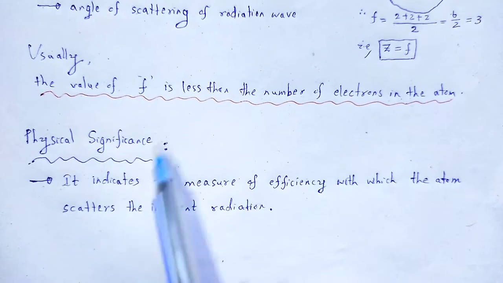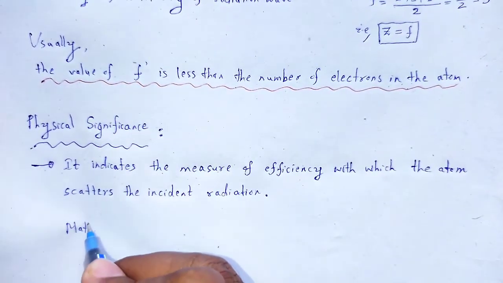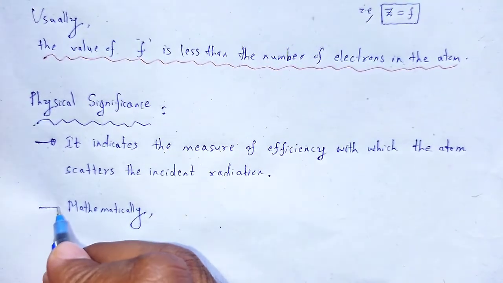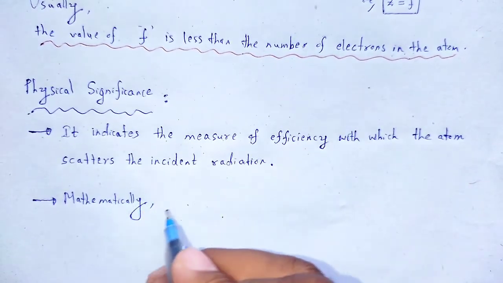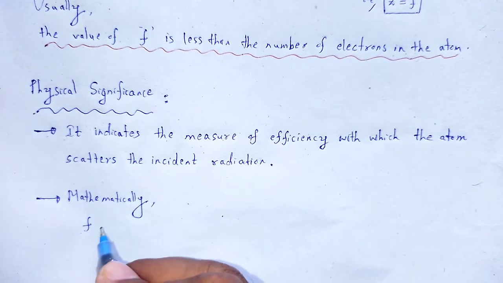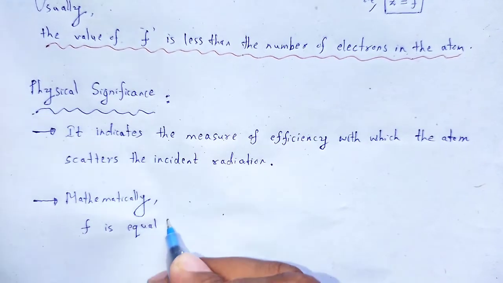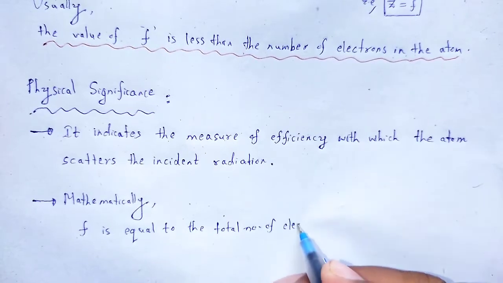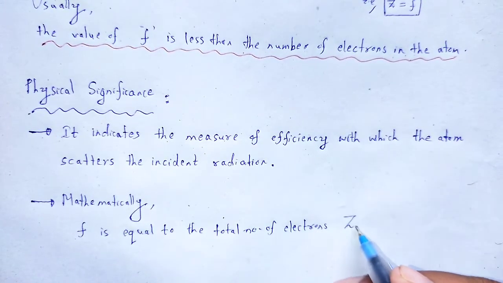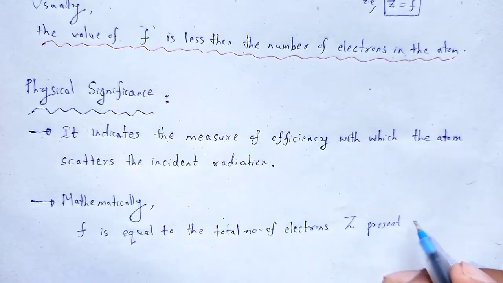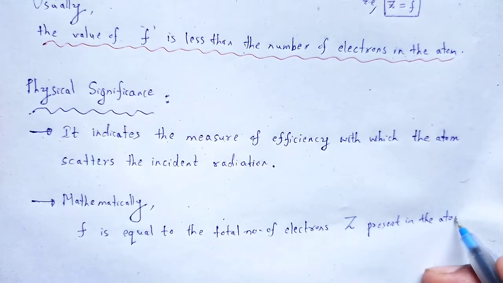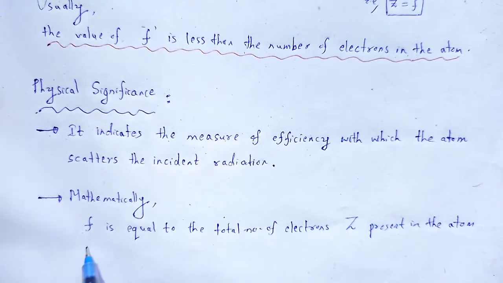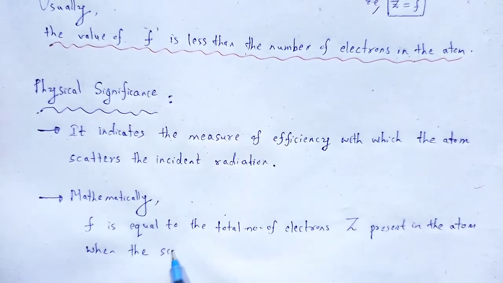Mathematically, F is equal to the total number of electrons, that is Z, present in the atom when the scattering angle is 0.